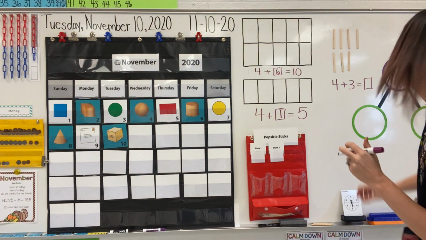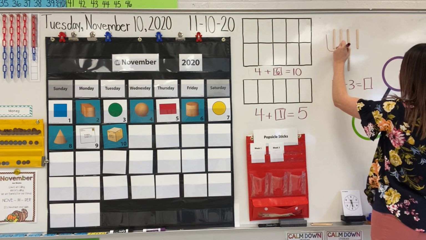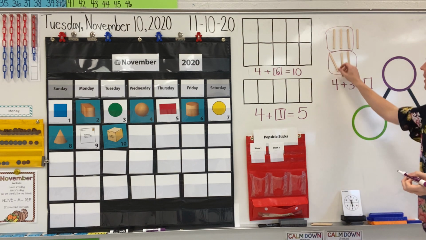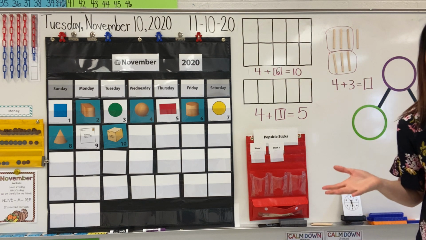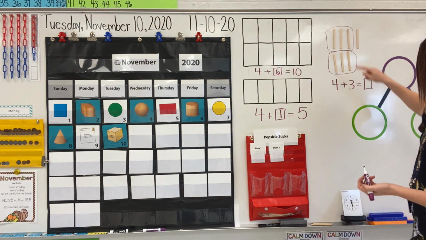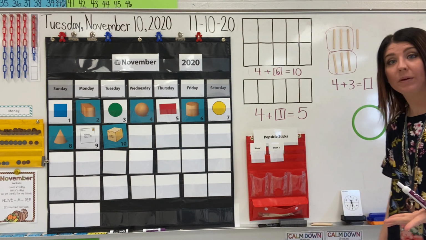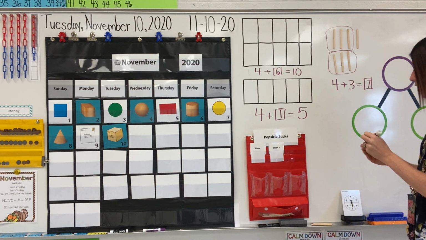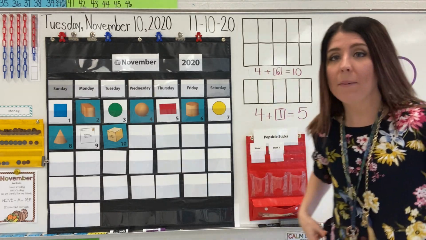Look what I see. I see 3 and 3. That's a doubles fact that I know. I know 3 and 3 is 6. And then there's 1 more. 6 and 1 more would be 7. So 4 and 3 is 7. We have collected 7 popsicle sticks.